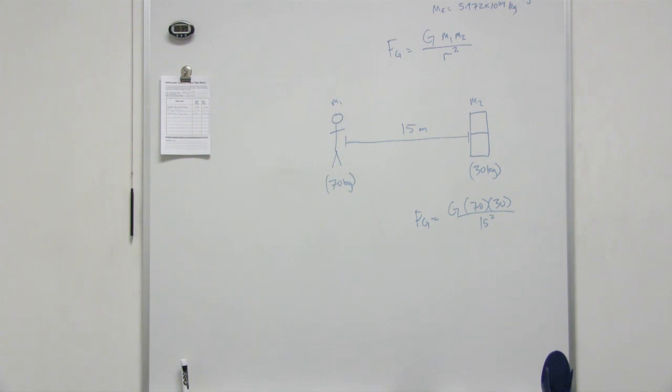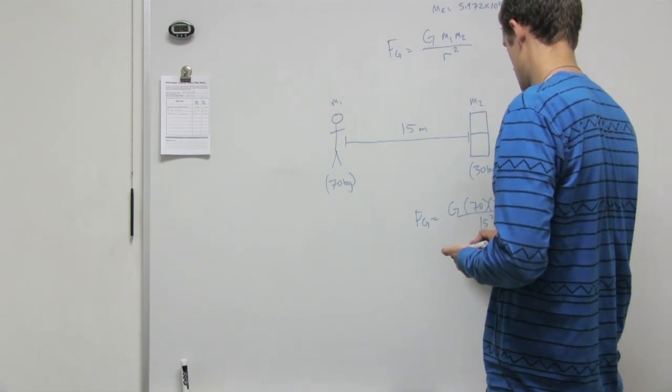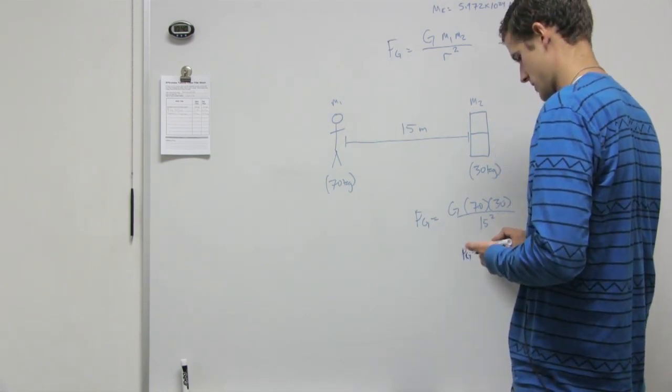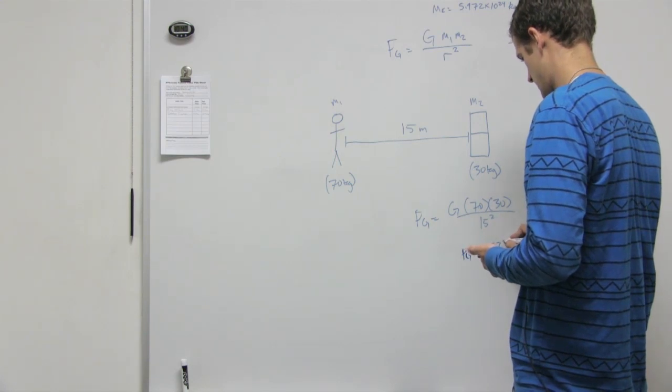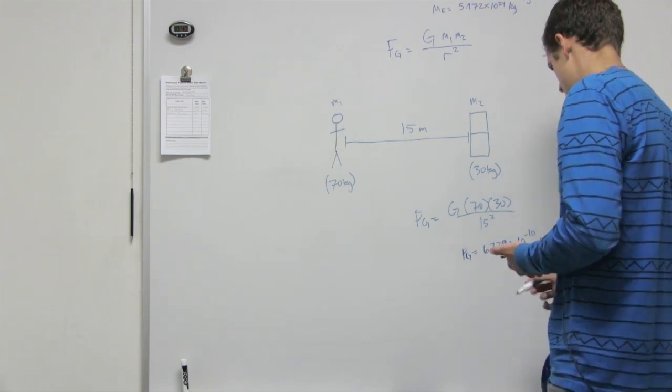It ends up being 6.6 times 10 to the... So the force of gravity here, in this case, between these two objects is 6.229 times 10 to the negative 10th newtons.